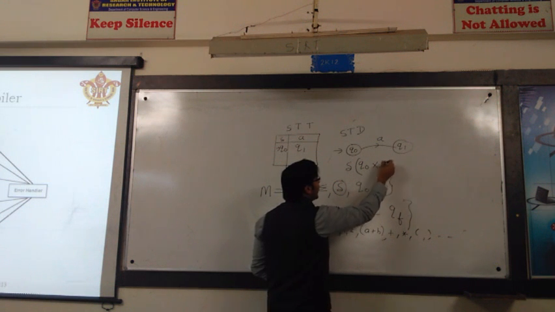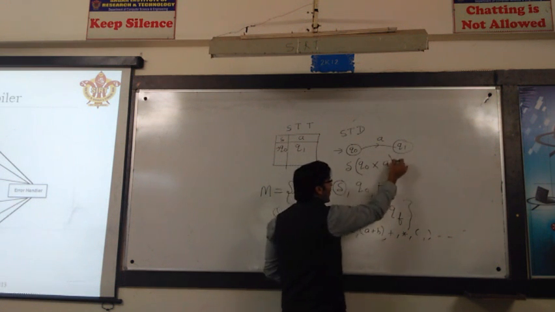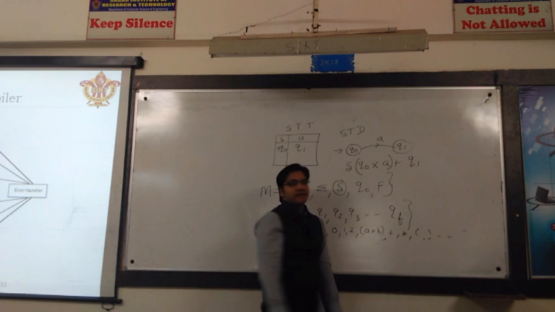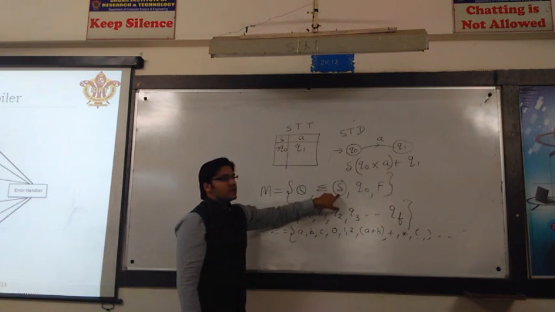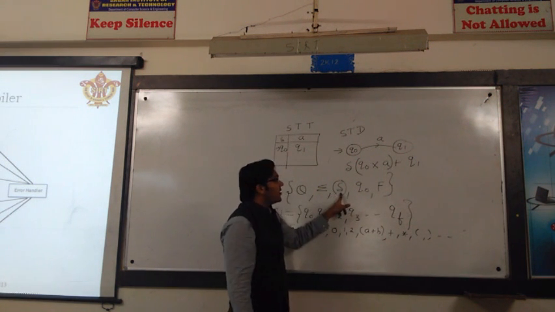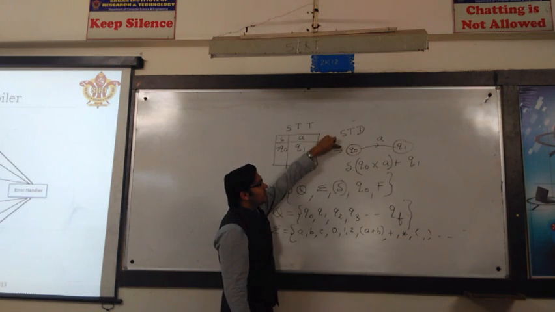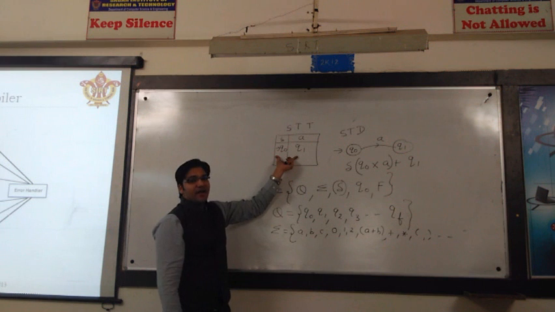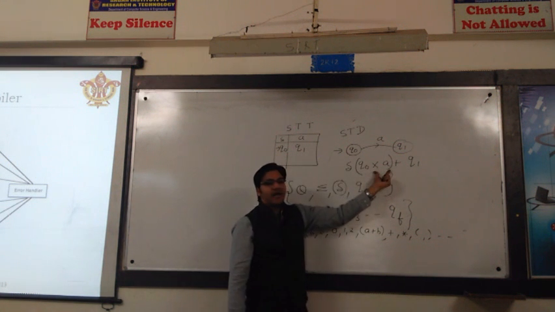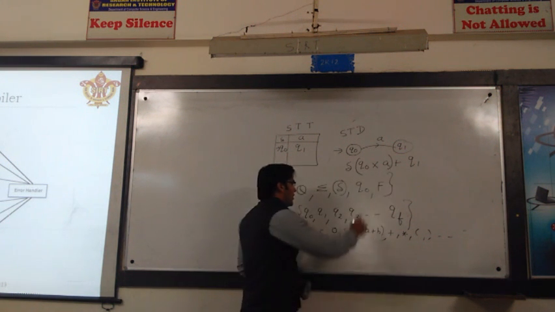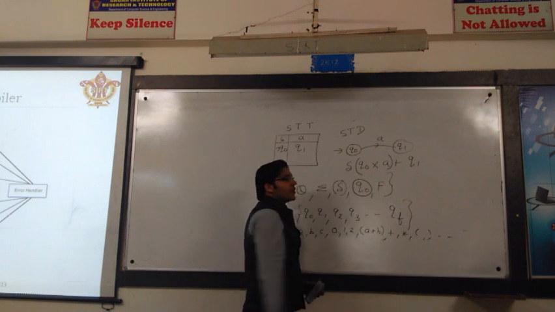Q0 is the input state. When Q0 is reading a, it is providing you the output state Q1. So this delta is known as the input transition function, and can be illustrated by a total of 3 parameters. One is a state transition diagram, another is a state transition table, and the last one is a state transition equation.